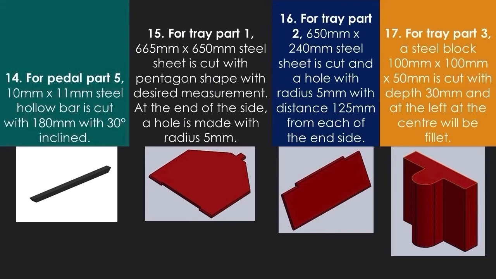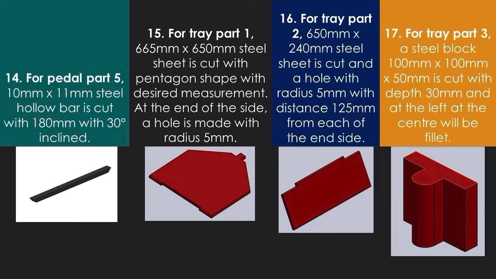For tray part 1, 665 x 650 steel sheet is cut with pentagon shape with desired measurement. At the end of the side, a hole is made with the radius 5mm. For tray part 2, 650 x 240mm steel sheet is cut and a hole with a radius 5mm with a distance 125mm from each of the end of the side.